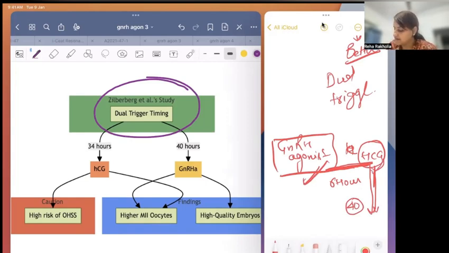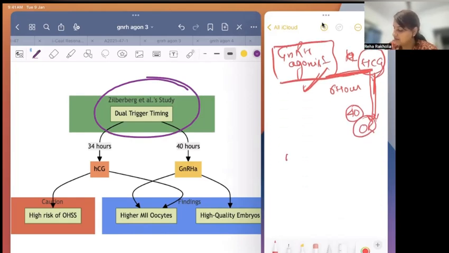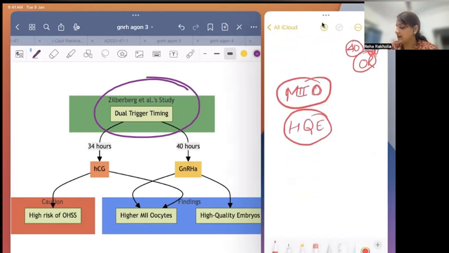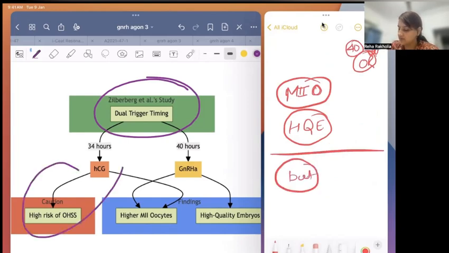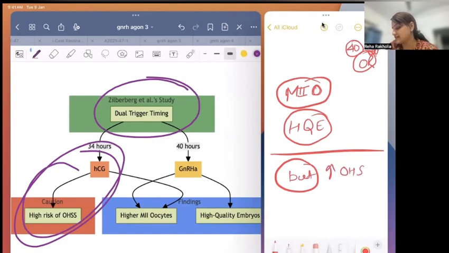We did oocyte retrieval. We saw that in this group there were more M2 oocytes and high quality embryos, but because of HCG, there was a high risk of OHSS.